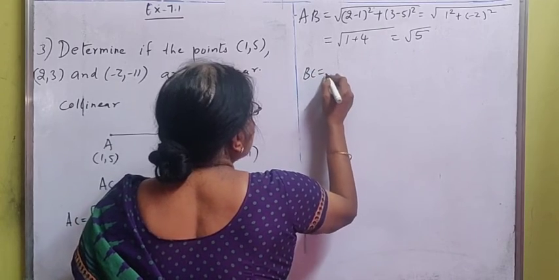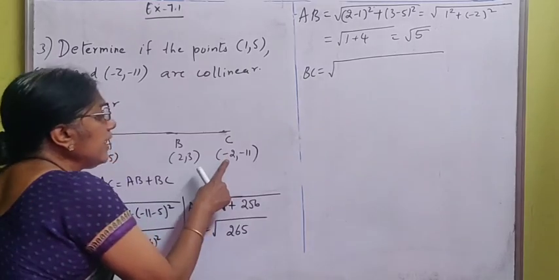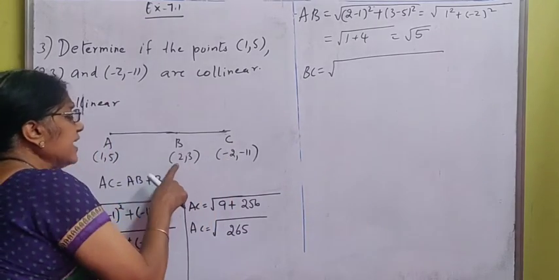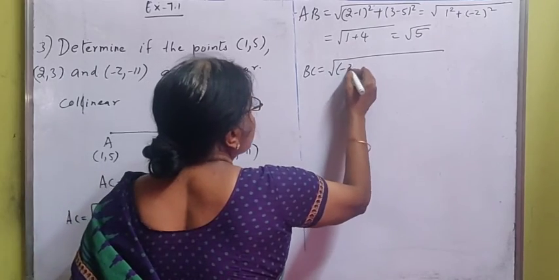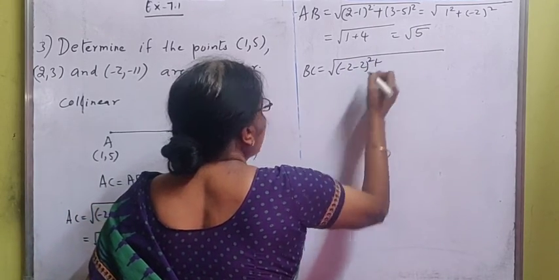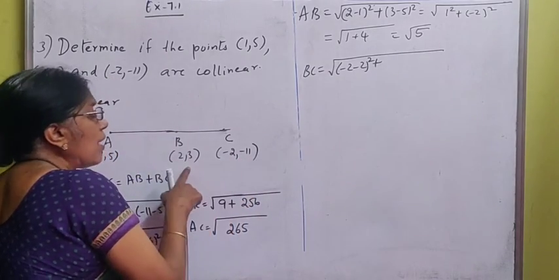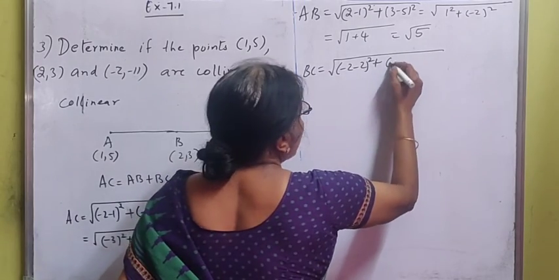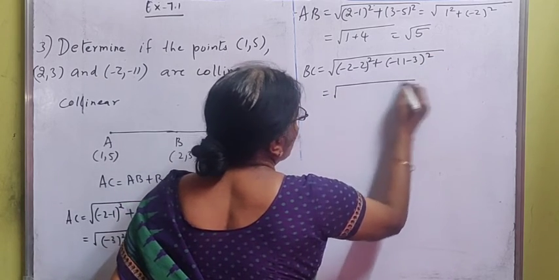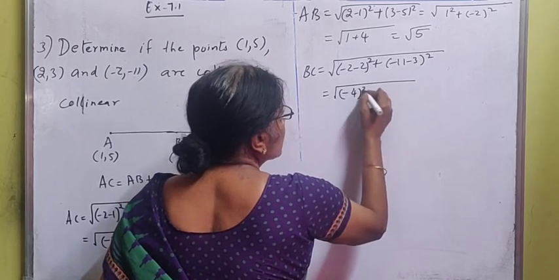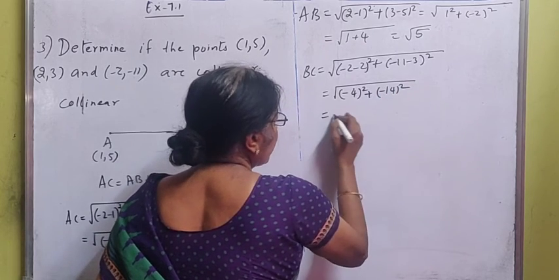Next, what we should find out is BC. BC is equal to the square root of x coordinate of C minus x coordinate of B, whole square, so (-2 - 0) hmm, minus 4 the whole square, plus y coordinate of C minus y coordinate of B, so -11 minus 3, which is -14, the whole square.